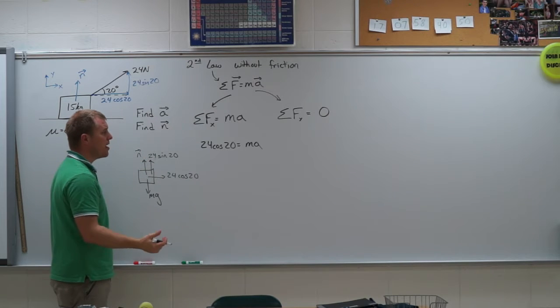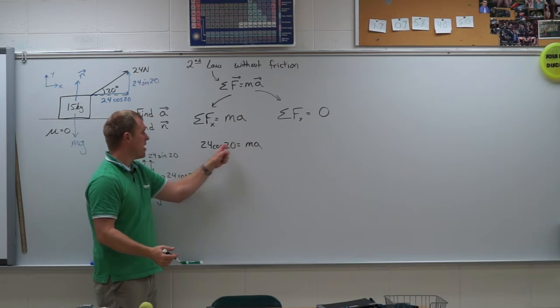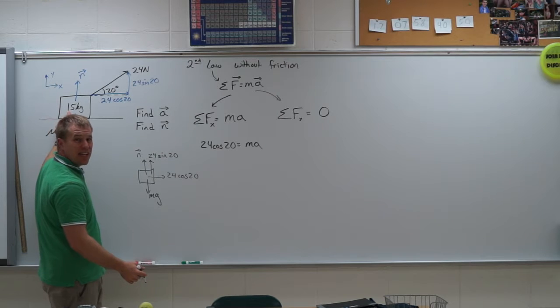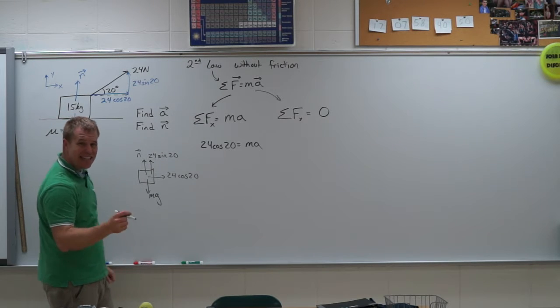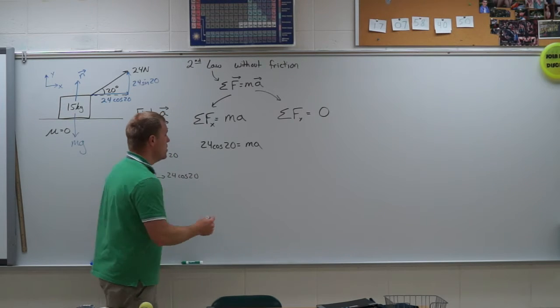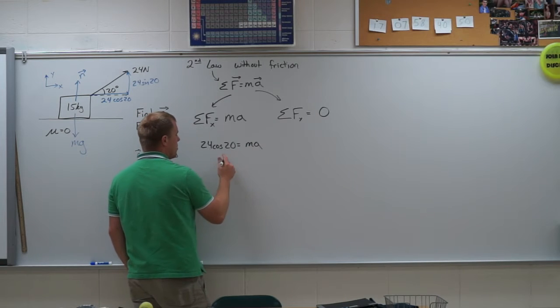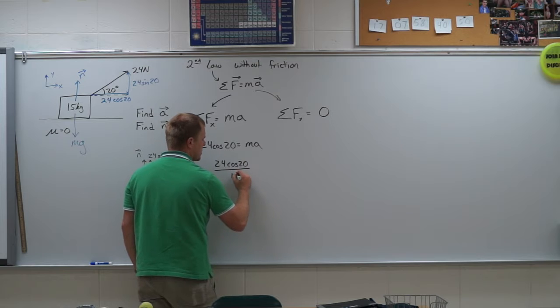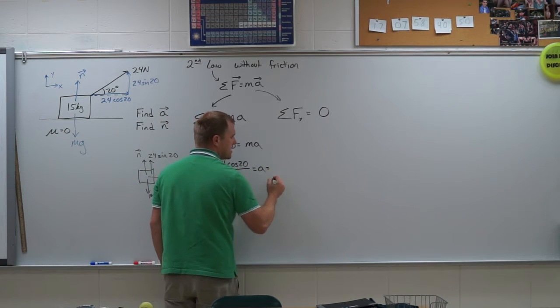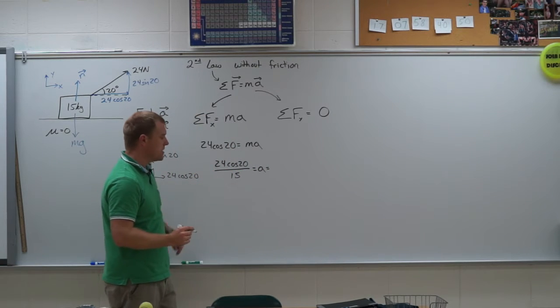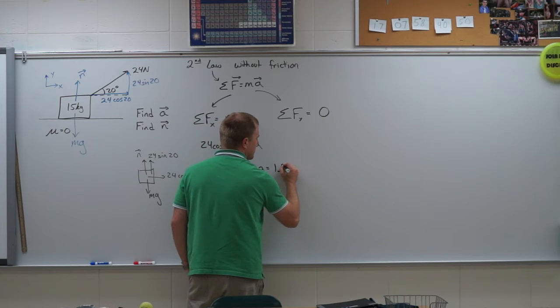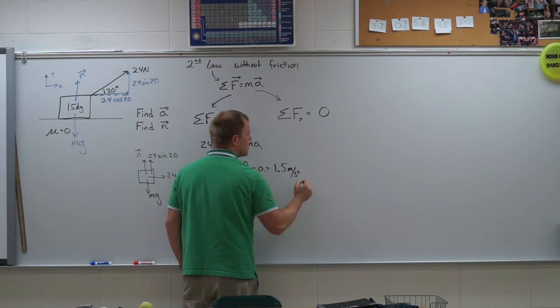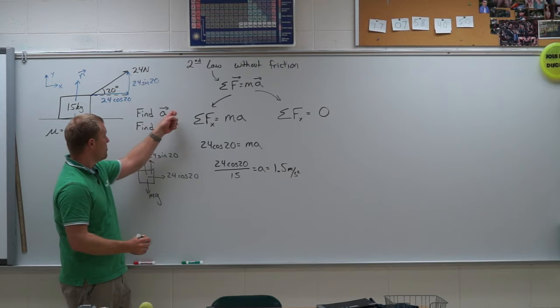If I want to find the acceleration, I just have to divide by the mass. They gave me 15 kilograms. Kilograms is a mass. So now I have 24 cosine of 20 divided by my mass, which was 15, will give me an acceleration. When I plug this in my calculator, I end up with 1.5 meters per second squared. So we found the acceleration.